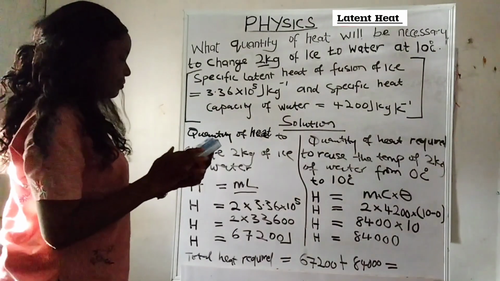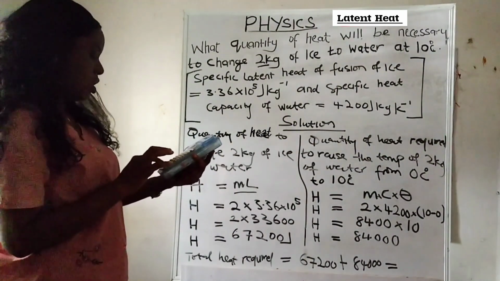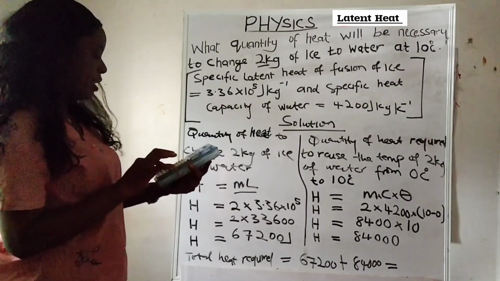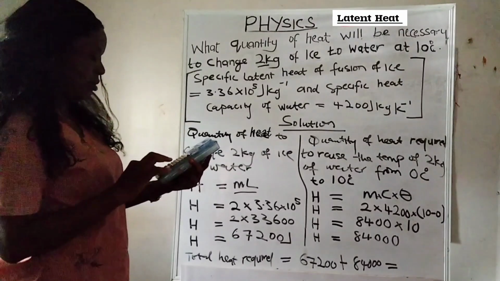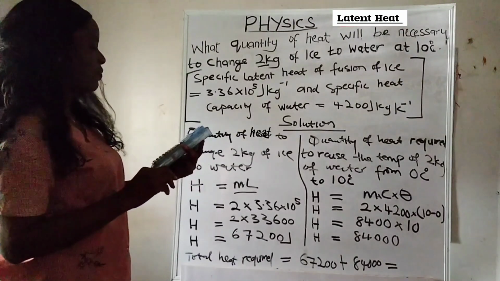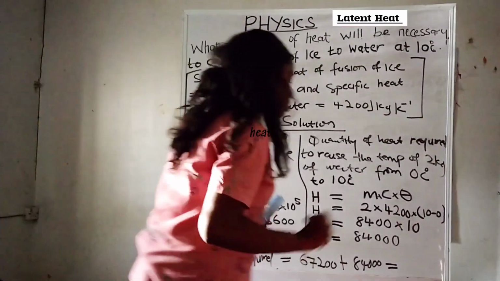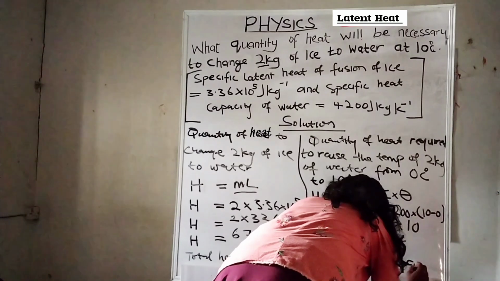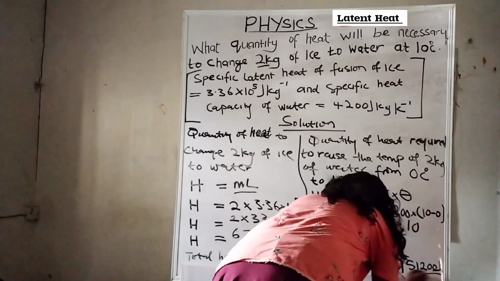It will be 67200 plus 84000, which gives us 151,200. Okay, so I write it down: total energy necessary, 151,200 joules.